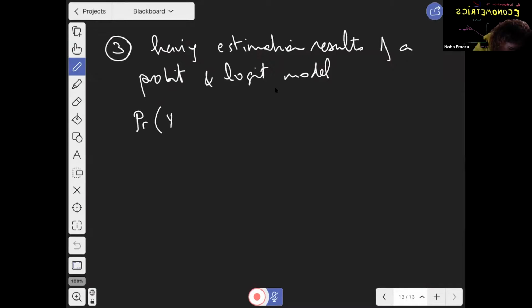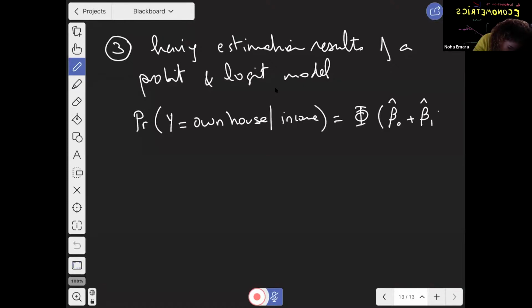So the probability of y, that the family owns a house given certain level of income, we said it's equal to phi of beta hat naught plus beta hat 1 income.